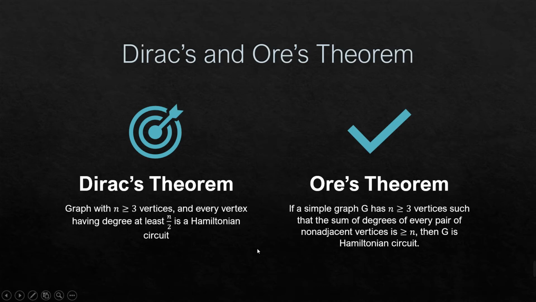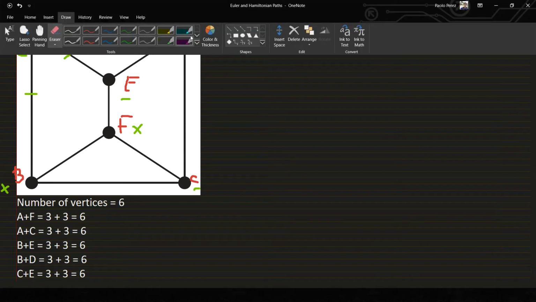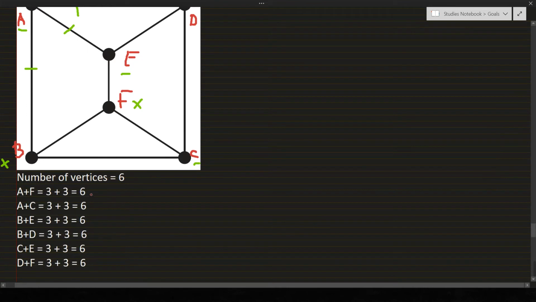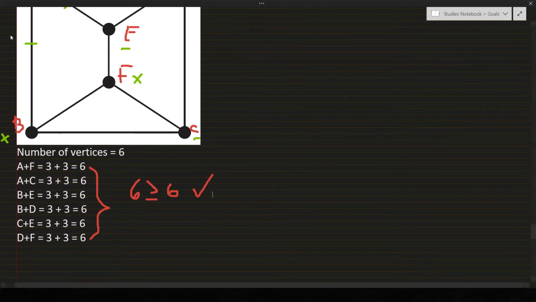So let's compare. We know that the sums of the non-adjacent pairs are all 6. So is 6 greater than or equal to 6? Yes.